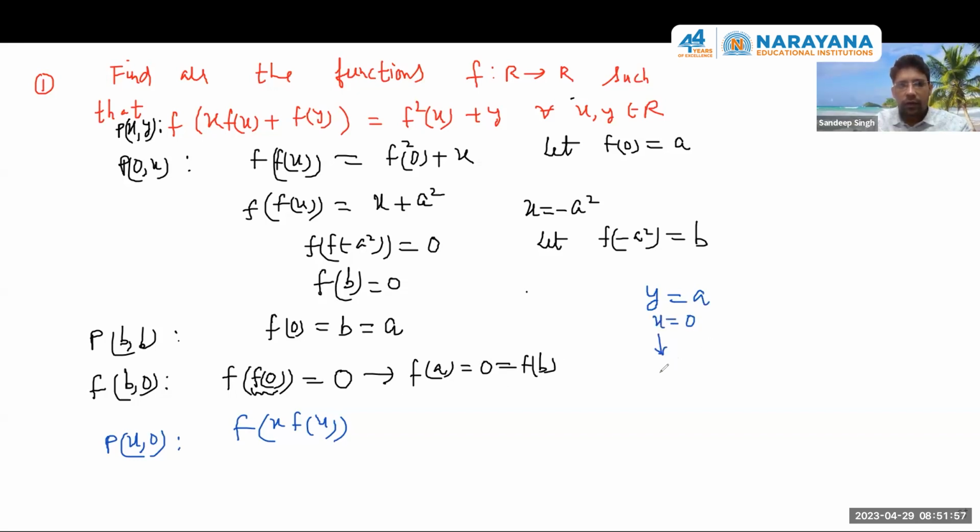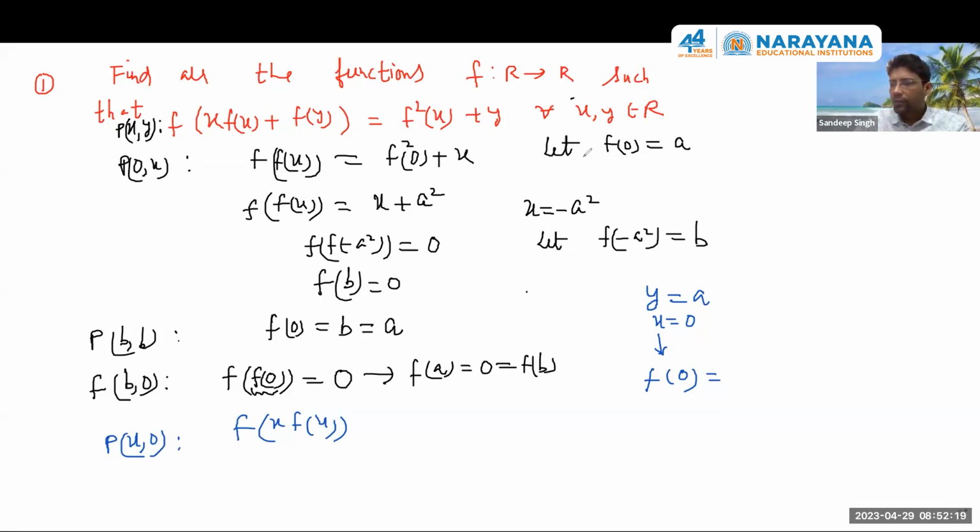So this will give you p of f of y. So f of a, what is f of a? f of a is 0. So this is f of 0 equal to, no, this is providing me the same equation, f of a equal to f of 0. I want the value of a here.